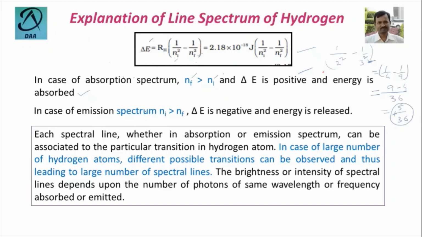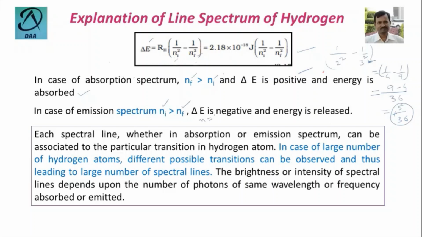But for the emission case, where Ni is greater than Nf, the electron is coming from above to down. So the initial state is above, that means Ni is greater and Nf is less.